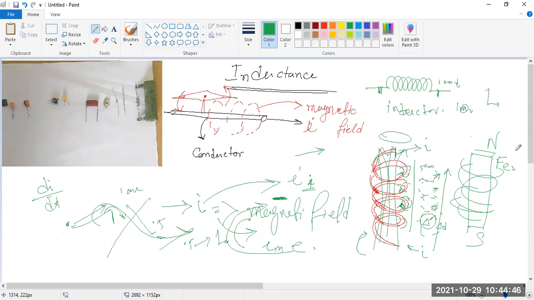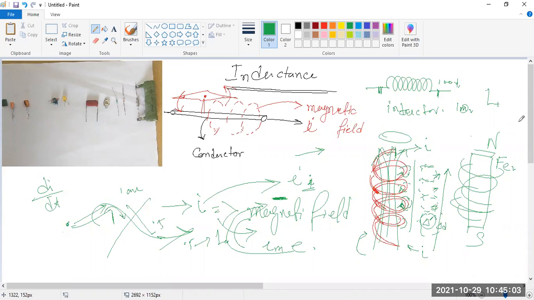Look, this is an inductor. So it is a coil. We can say an inductor is a coil of a conductor with a certain length. It must have a certain length, not a prolonged or undefined length.